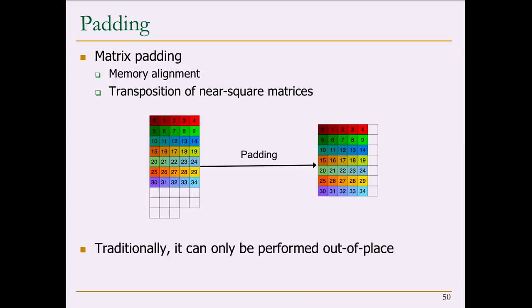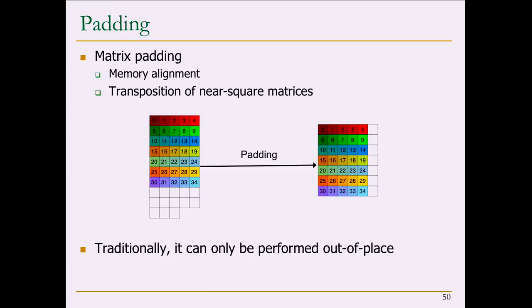I guess you all are familiar with padding. Matrix padding essentially means adding some extra columns to a matrix, something like what you see in the slide. This matrix padding is a primitive that can be useful in many applications.